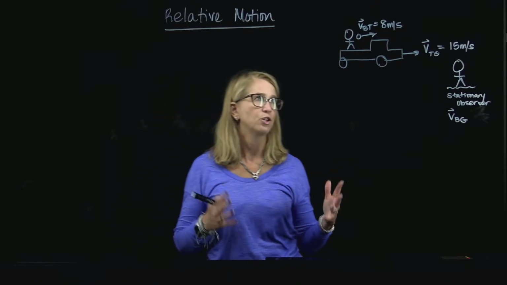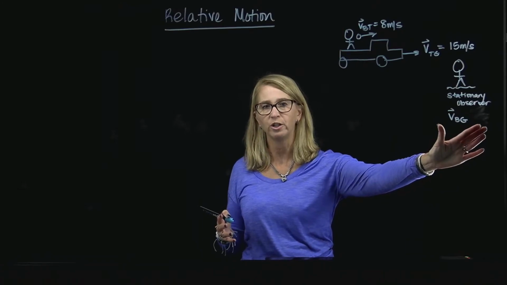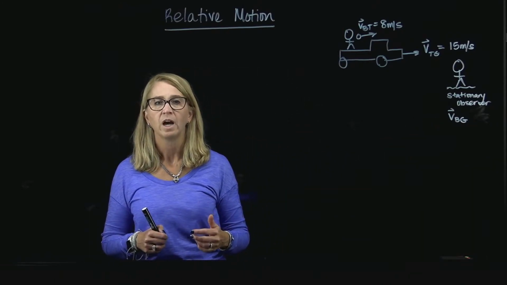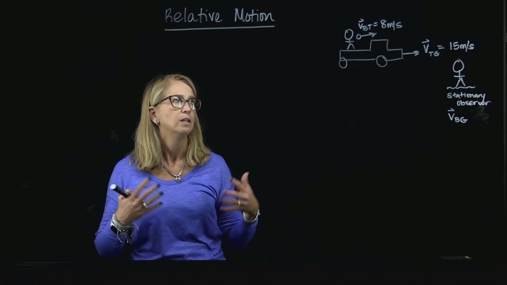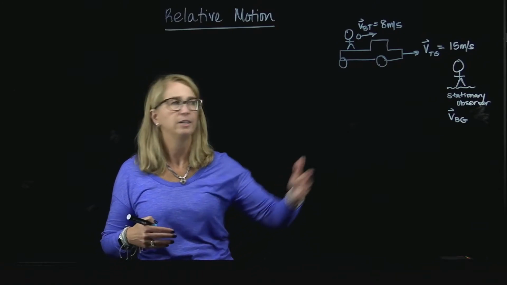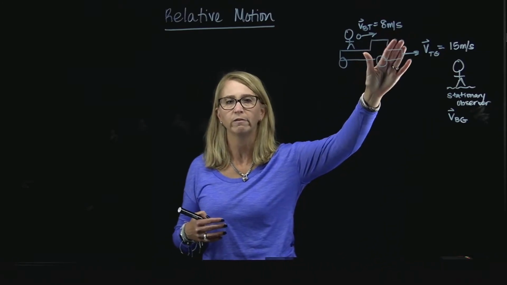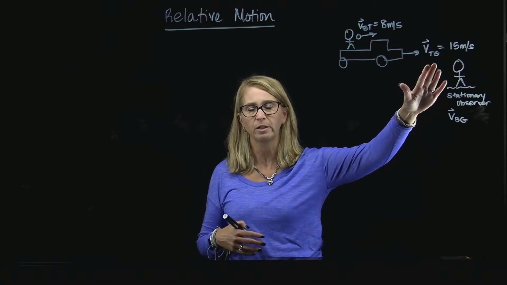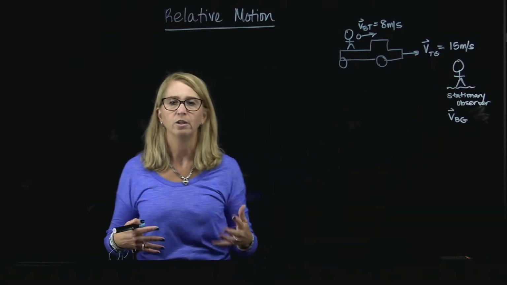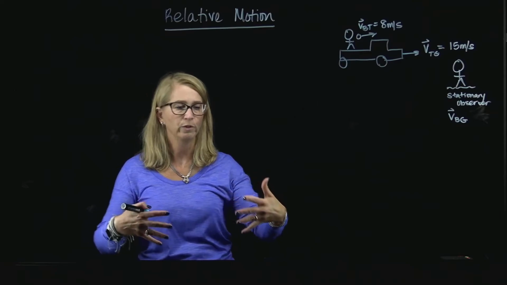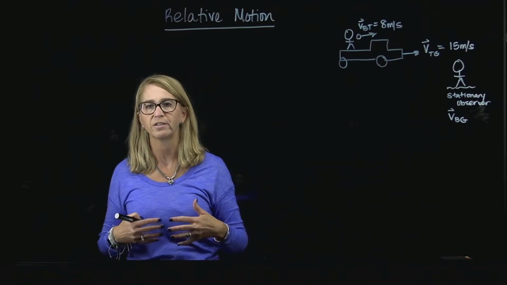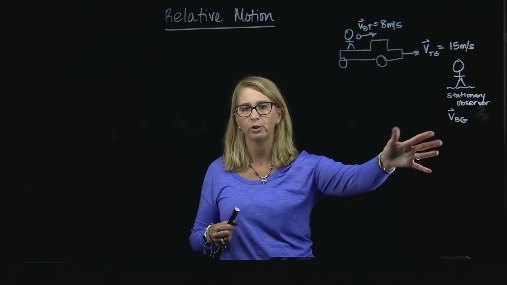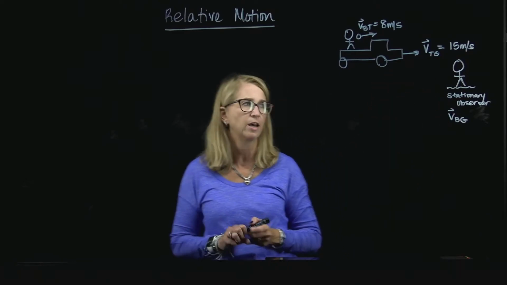Now, if I ask you how fast this stationary observer would be measuring the speed of the ball, I think you would probably easily say, well, I would add the 8, which is the speed of the ball with respect to the truck, to the speed of the truck with respect to the ground. When you're in the truck, you're moving with the truck, so the ball won't look like it's going as fast as it does from someone standing outside of the truck who sees both motions adding together.